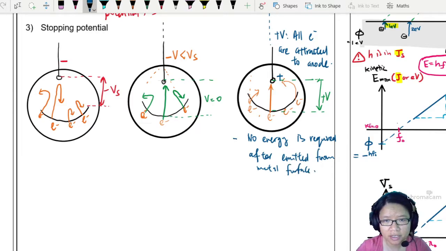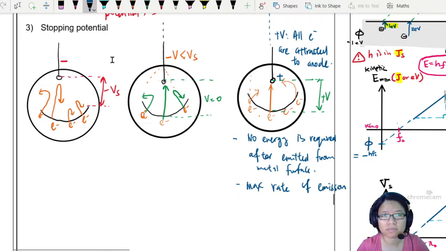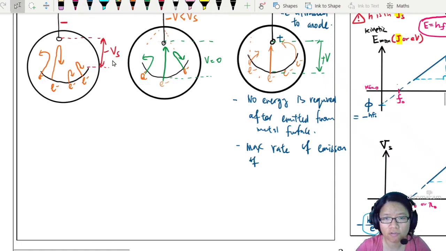So because of this, you can say this is called the maximum rate of emission of photoelectrons, also known as current, okay?